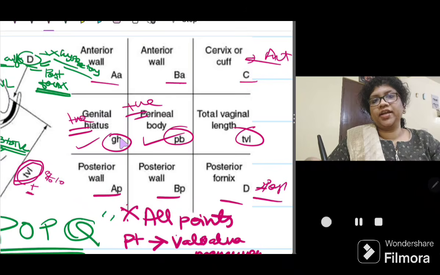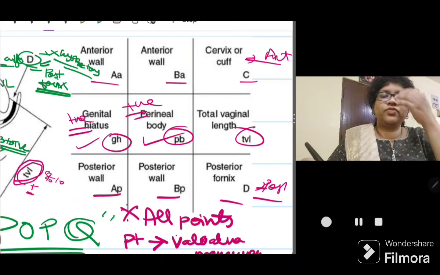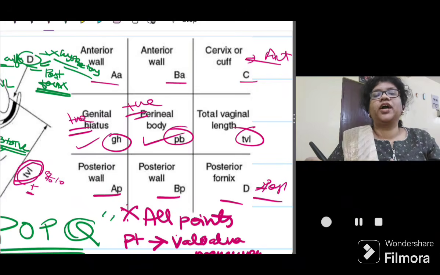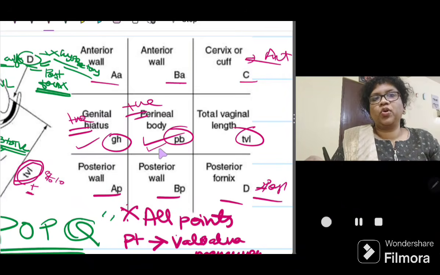Measurements can never be negative. The others are with respect to a reference point, that is the level of the hymen, which we take as 0, and then we see whether it is above or below the hymen, accordingly plus or minus. But genital hiatus and perineal body are always positive.